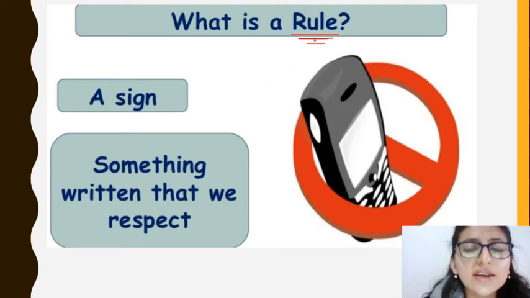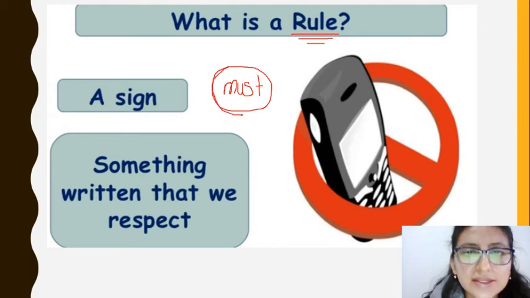Una regla es una orden que nosotros debemos respetar. When we want to give an order or when we want to establish a rule, we have to use the modal verb must.